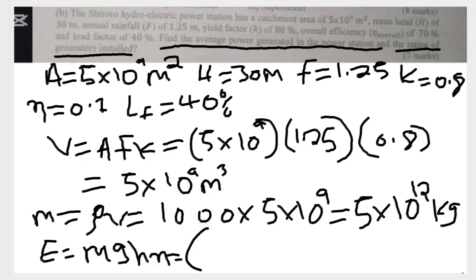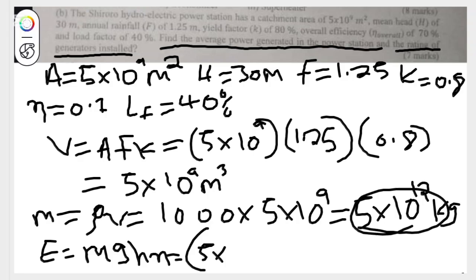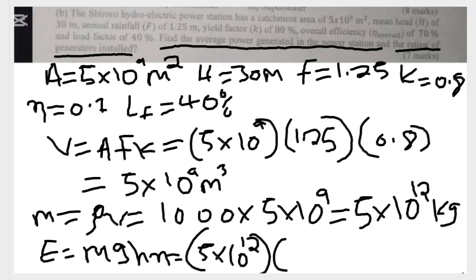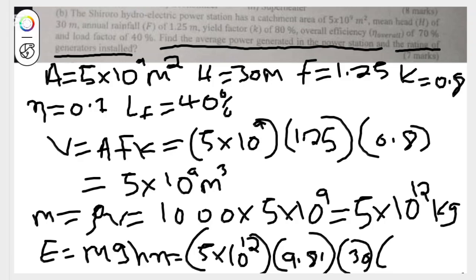I already found the mass, so 5 times 10 raised to the power of 12, multiplied by g, which is 9.81, and also multiplied by H, which is 30, and also multiplied by the overall efficiency, which is 0.7.